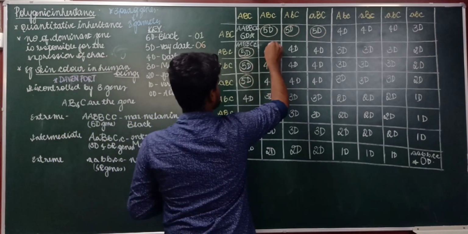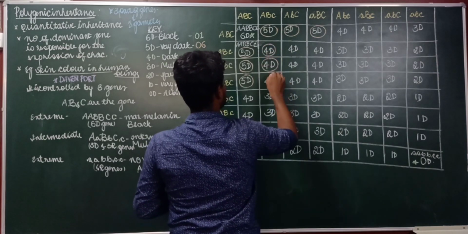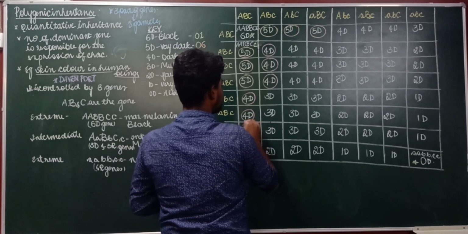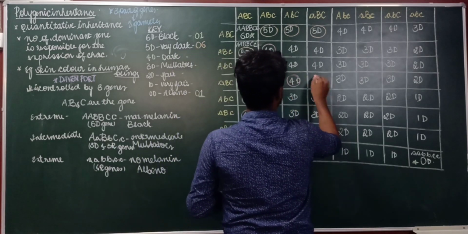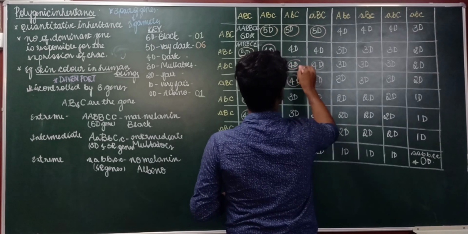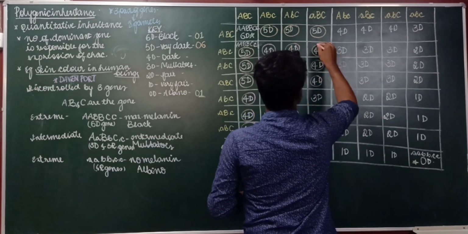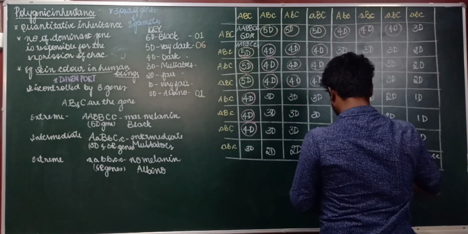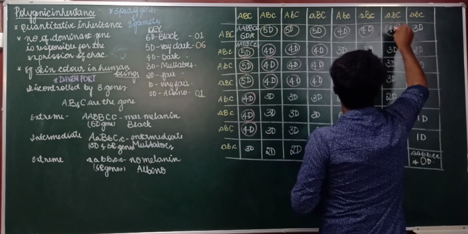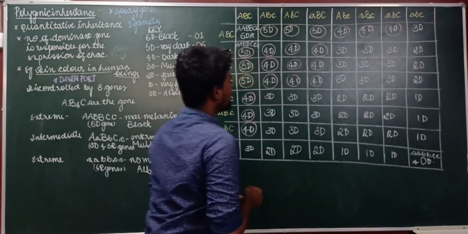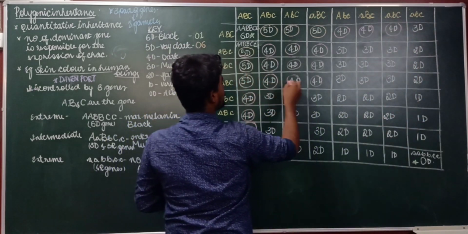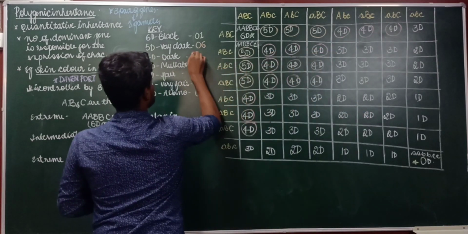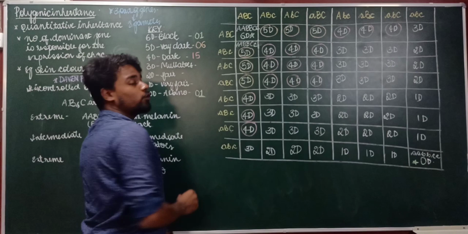We start counting. 1, 2, 3, 4, 5, 6, 7, 8, 9, 10, 11, 12, 13, 14 and 15. So how many are there? 15. So there are 15 4 dominant genes.